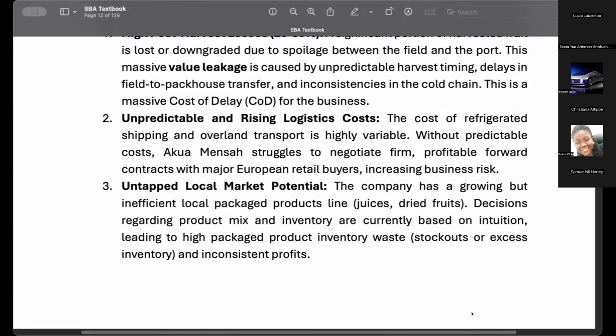Untapped local market potential. The company has a growing but inefficient local packaged product line (juices and dried fruits). Decisions regarding product mix and inventory are currently based on intuition, leading to high packaged product inventory waste, stockouts or excess inventory, and inconsistent profits.